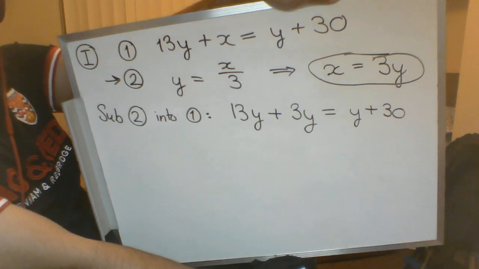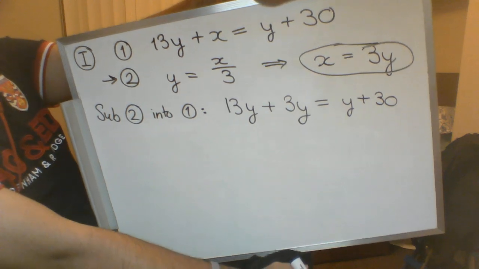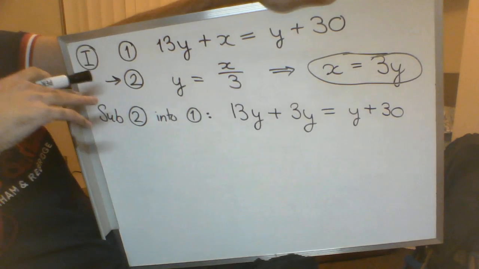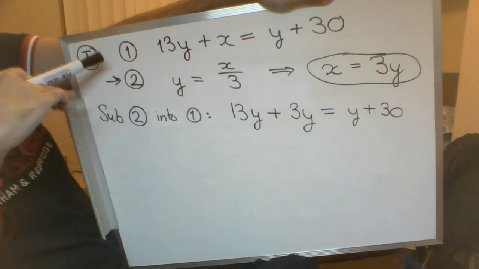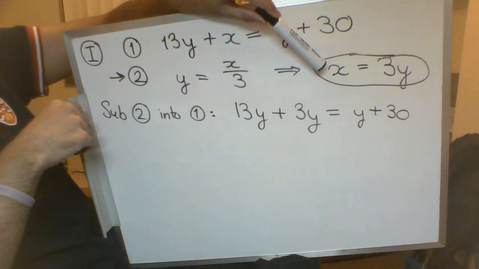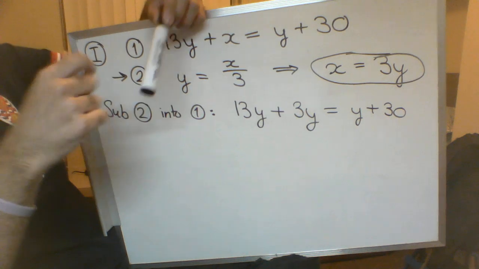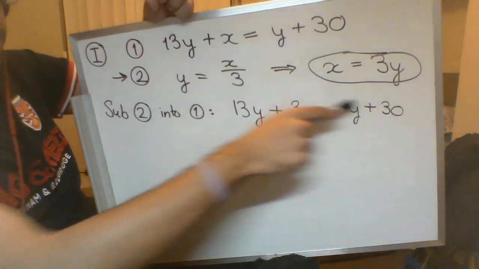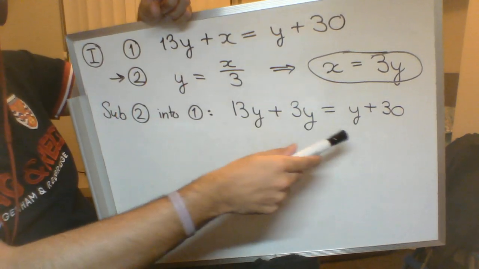So now you can see a little bit of what I was saying when I was rambling a few minutes ago about when you have choices about what to solve. What I've done here is I've taken equation 2 and solved for x. So when I sub that information in, I'm dealing with equation 1 mostly, and now I'm solving for y.